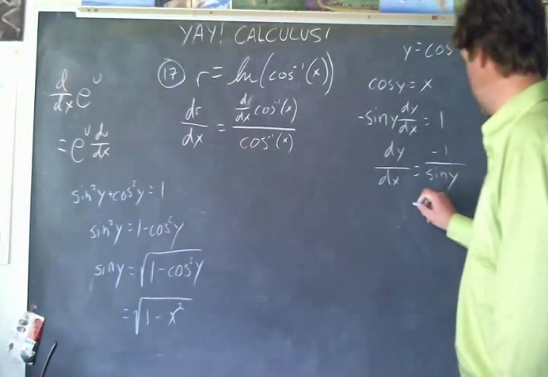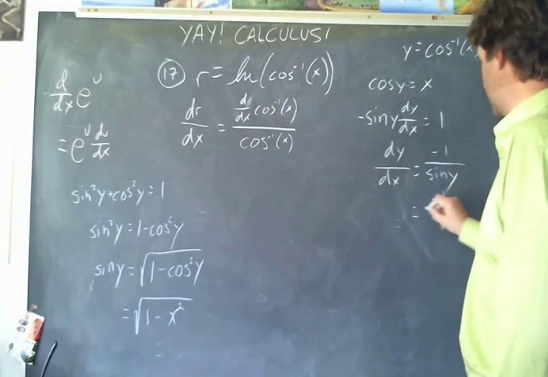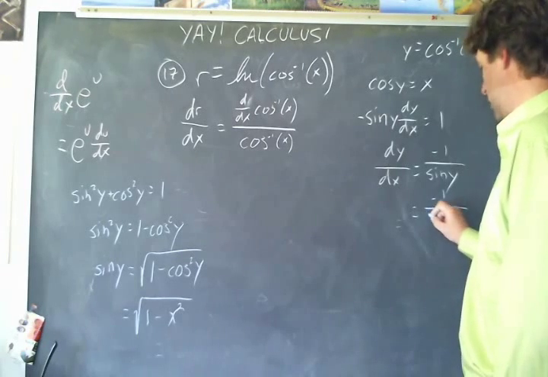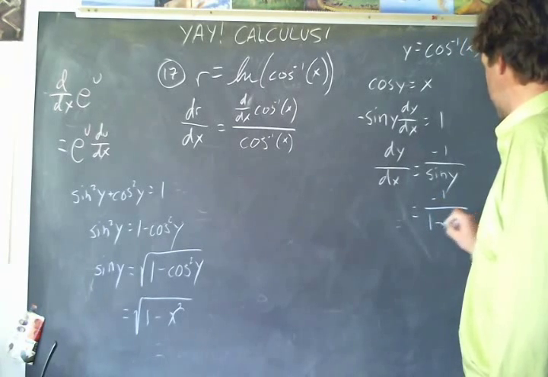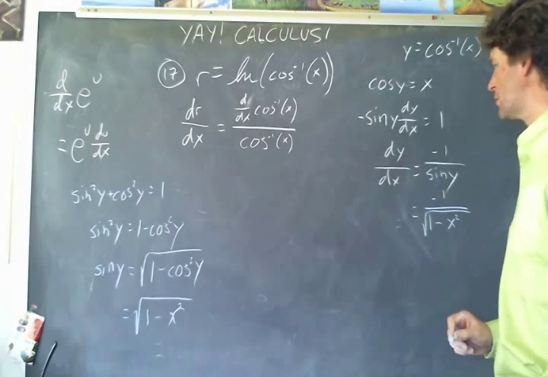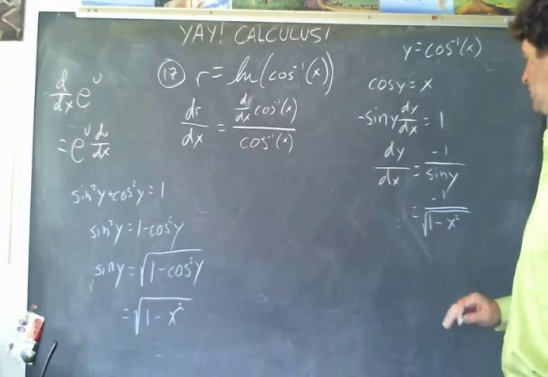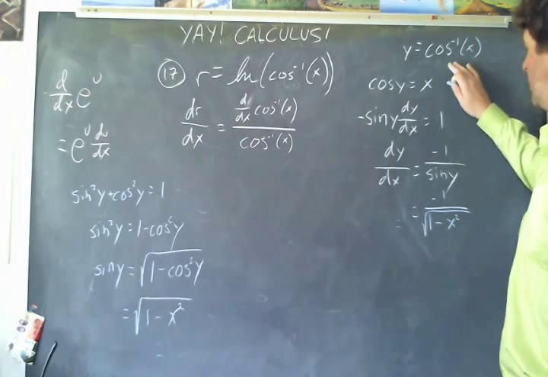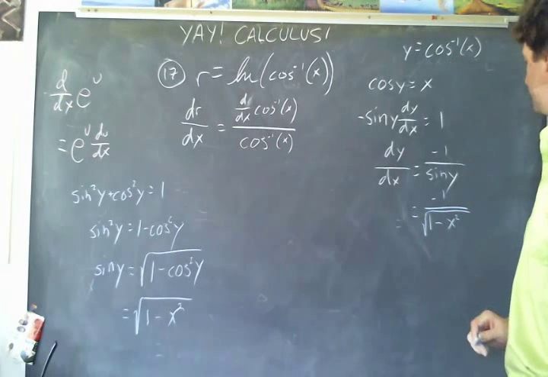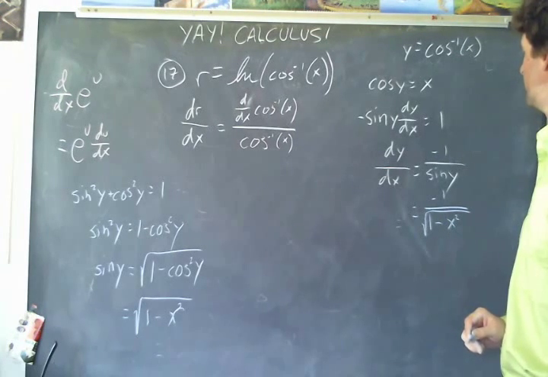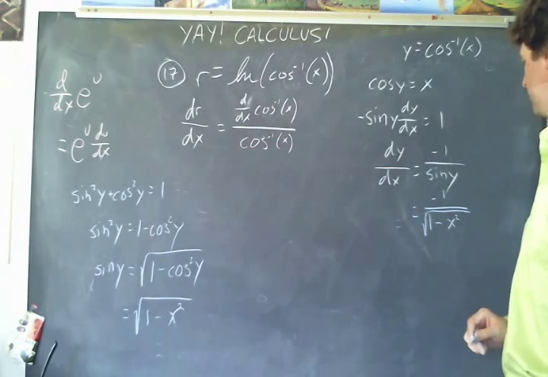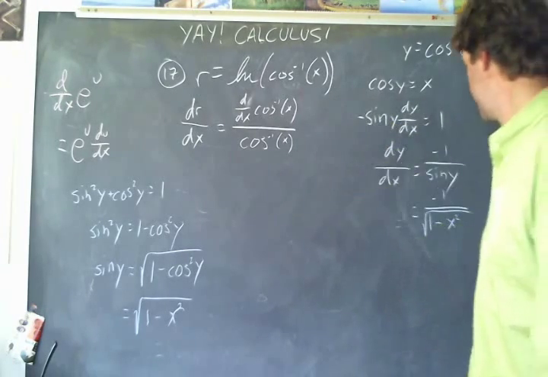And so therefore this would be negative 1 over the square root of 1 minus x squared. So that's our derivative of inverse cosine. And we can put that up top.